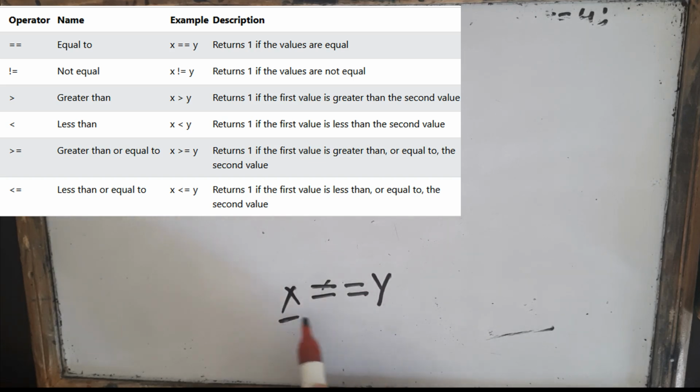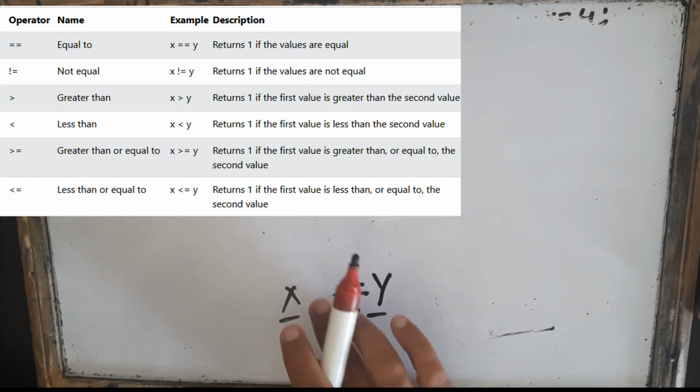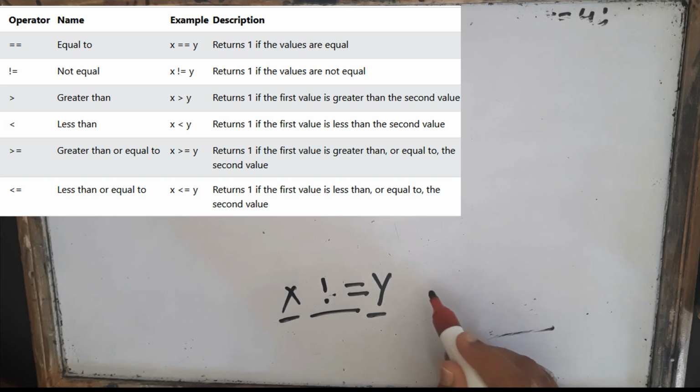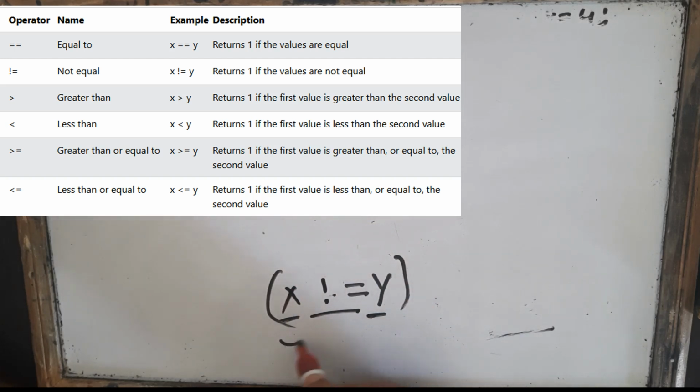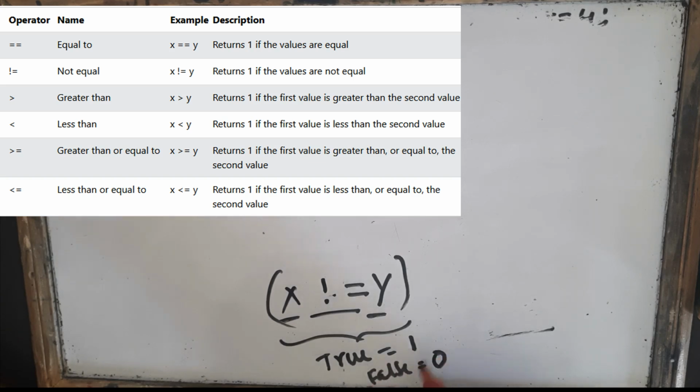That means if x is equal to y, and you observe 2 equals signs are used to compare. If x and y are both equal, then it returns 1. Same for not equal. If x is not equal to y, then it returns 1. True means it returns 1. False returns 0.